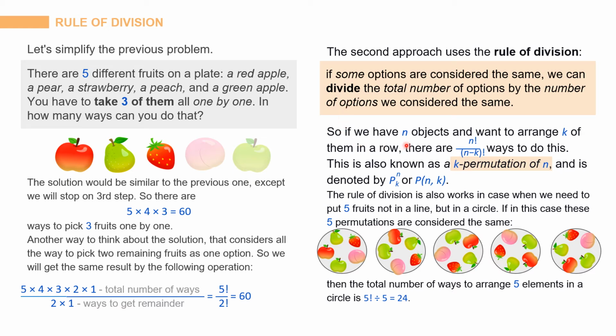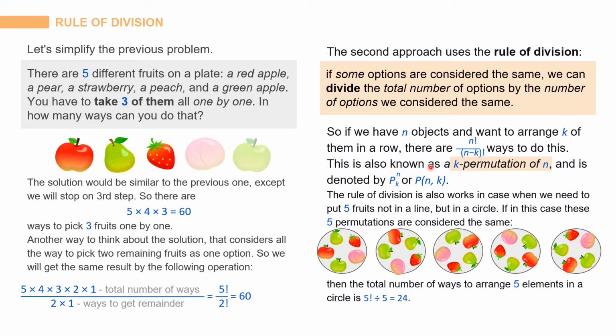So if we have n objects and want to arrange k of the n in a row, there are n factorial divided by n minus k factorial ways to do that. So in the previous example, we had 5 factorial divided by 5 minus 3 factorial, in other words, 2 factorial ways to do this.